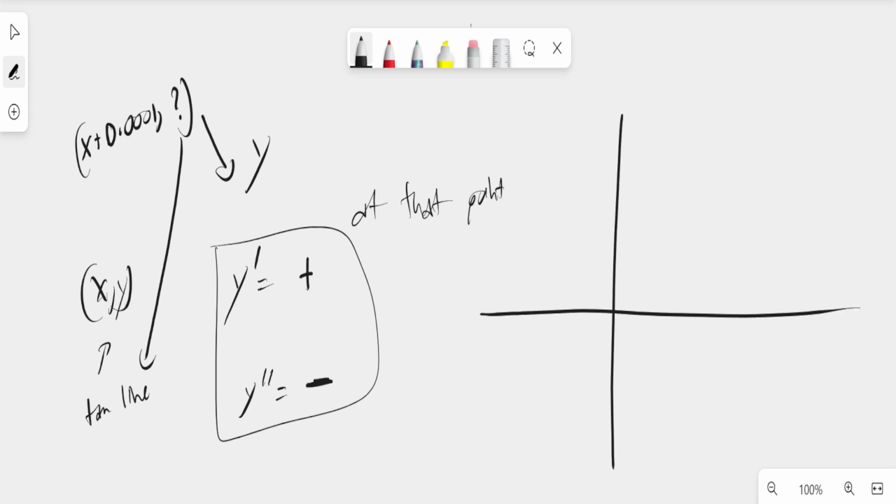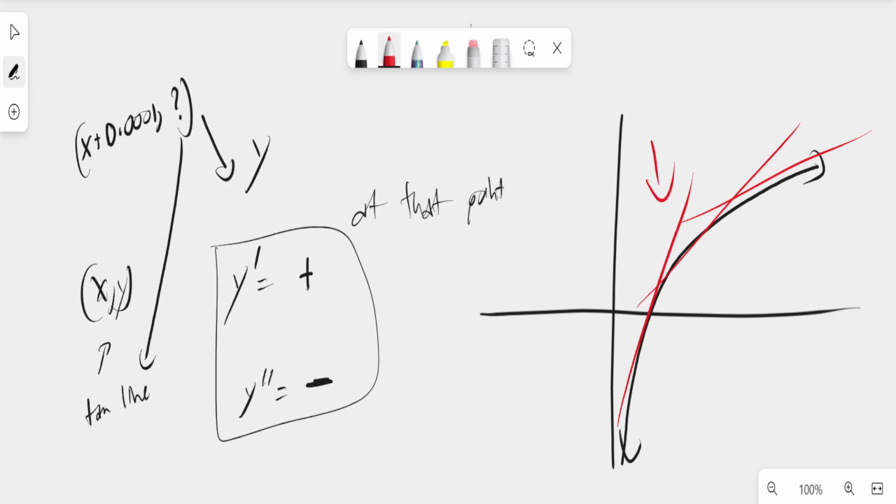It's not going down, but it's an overestimate because the graph would look kind of something like this. You see how the slopes are positive all the way through? But the slopes are decreasing. The slope went from really steep positive to less steep. So the slope values are decreasing.